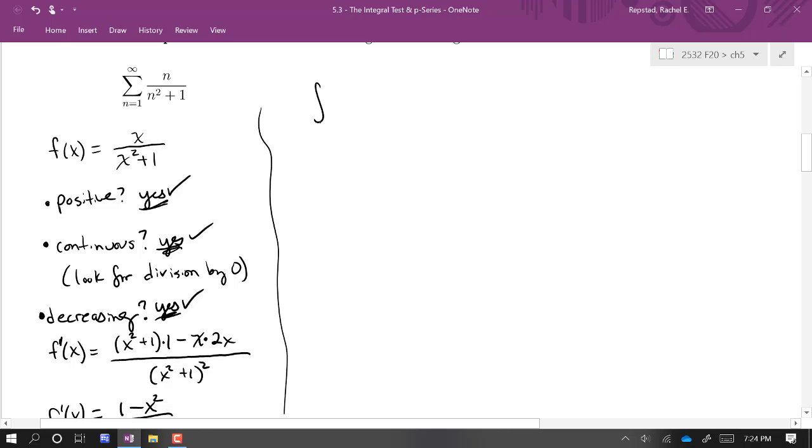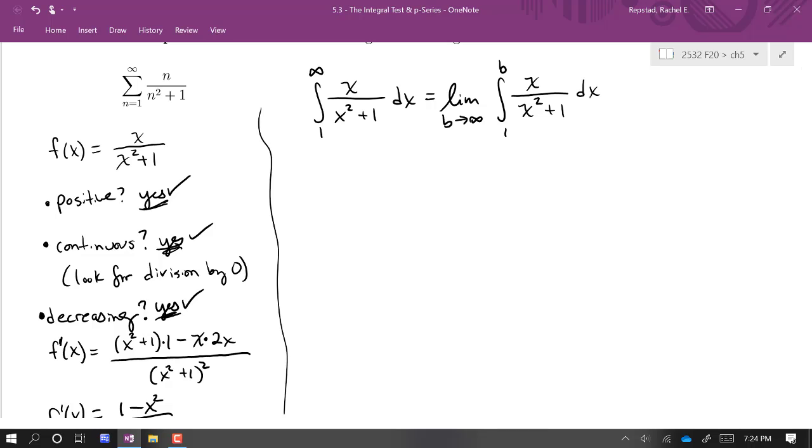So I'm looking at the improper integral from 1 to infinity of our function, x over x squared plus 1. This is, of course, a limit as b approaches infinity of the integral from 1 to b of x over x squared plus 1. Now, a quick examination of this integral: I think this fits the log rule because the top is almost the derivative of the bottom.